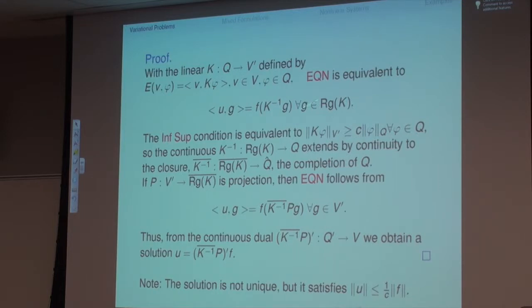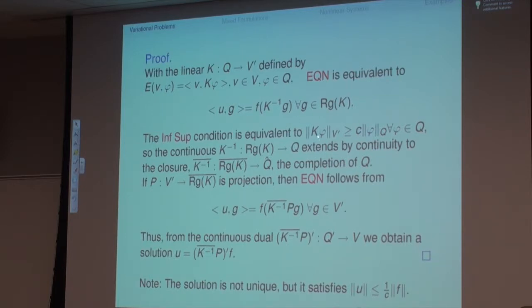I can use that K if K is one to one, which will follow. The equation I want to solve looks like this. For every test function phi, this is K of phi over here, and that's my E(U, phi) equals F(phi). So my original problem, the equation, appears in this form right here. I've just rewritten it that way. But the inf-sup condition, I said, makes the dual operator related.